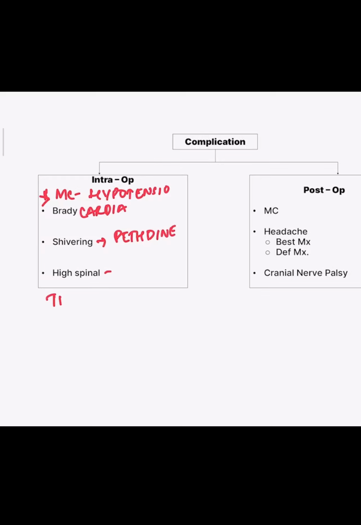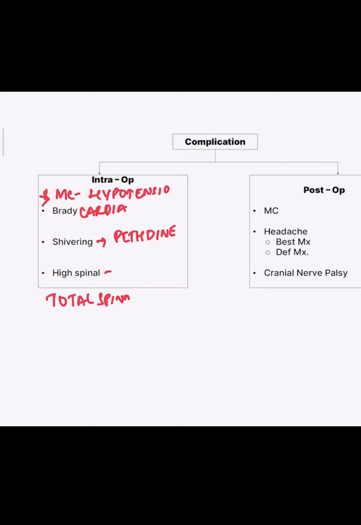Fourth complication is high spinal, and fifth is total spinal anesthesia. High spinal means you want the drug till T6, but your drug has gone till T4. The drug has gone a level up, that is called high spinal. Total spinal means the drug has gone into the intracranial segment. Now it has gone very much up. The patient is having difficulty in breathing, and if you don't manage, the patient might develop cardiac arrest also.